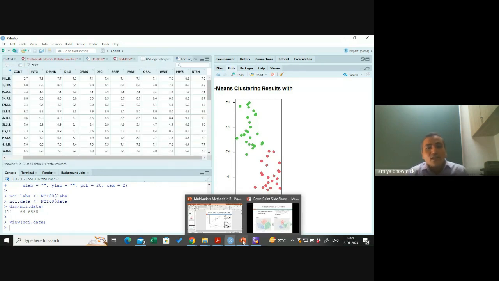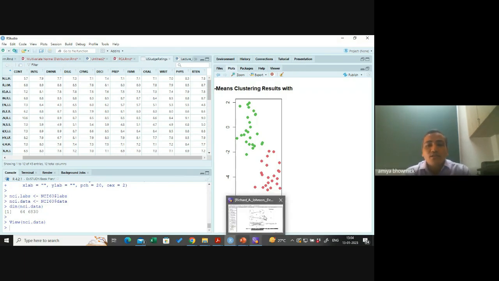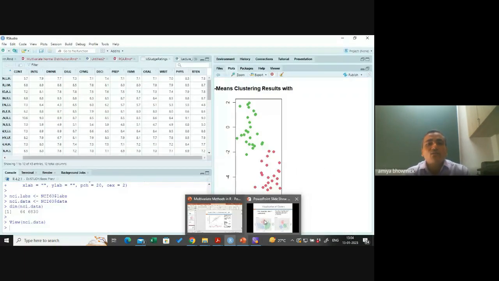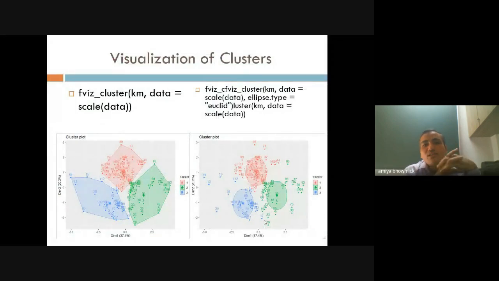Regarding clustering, my only suggestion is this. The problems we have dealt with, the examples I have shown you, are not bookish examples. When we present, we show book examples so that everybody understands.